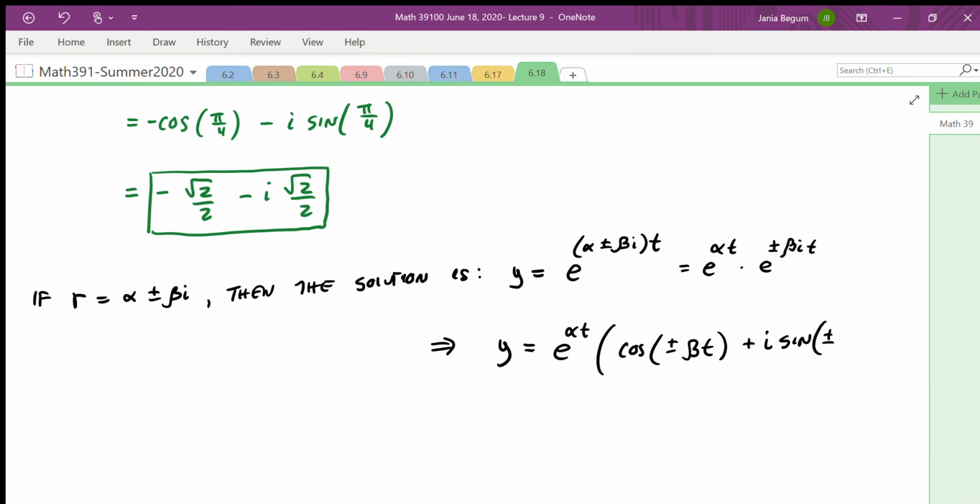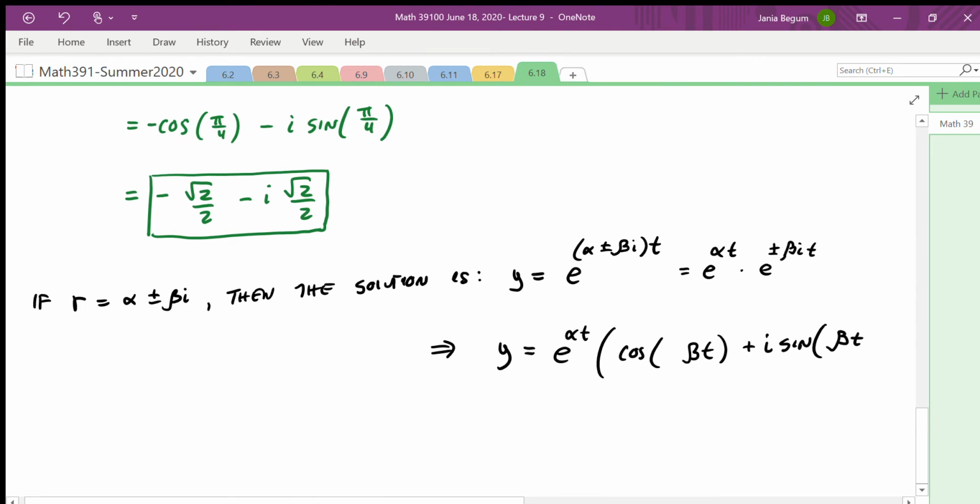Actually, let me tell you this right now. It's okay to ignore that, and I'm going to show you why it's okay to ignore this. So plus beta t, plus beta t. So that's how our solution would look if the roots are complex.